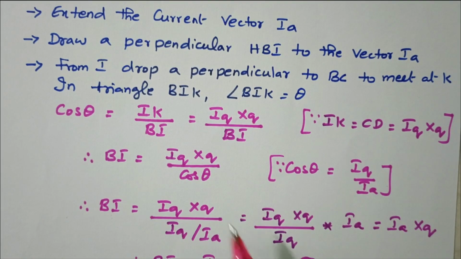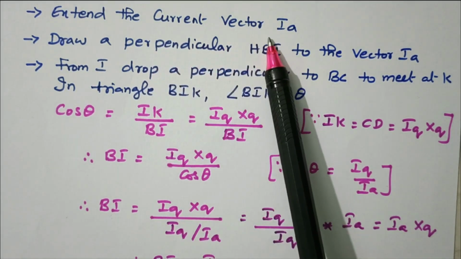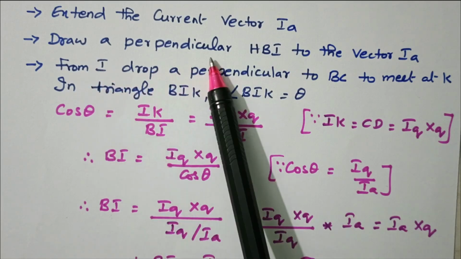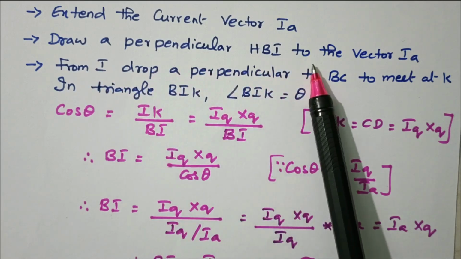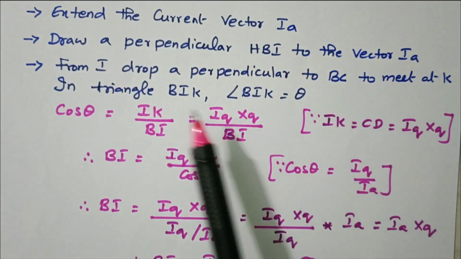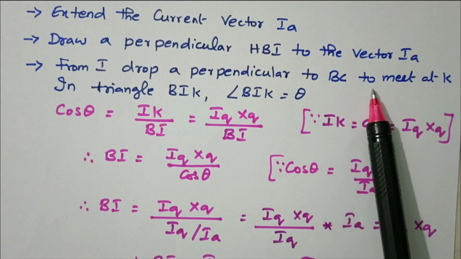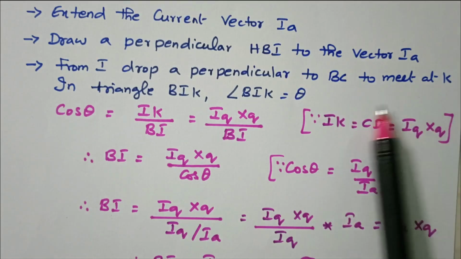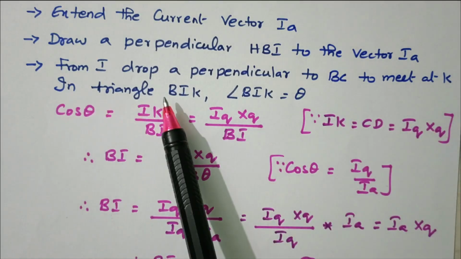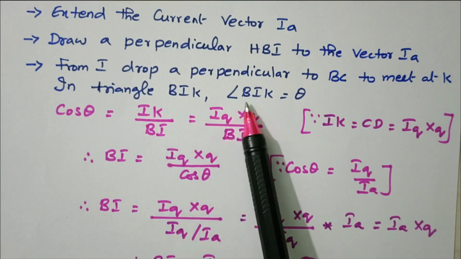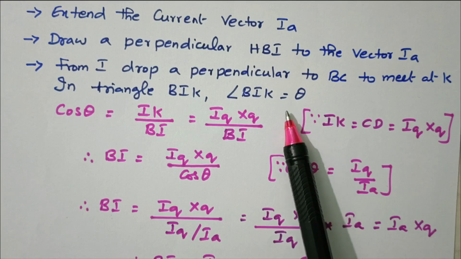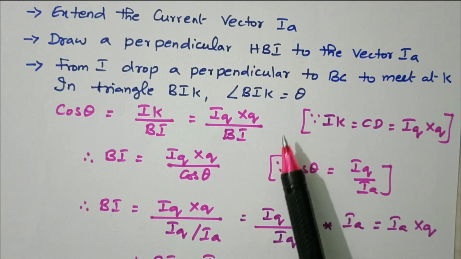Now extend the current vector IA. Draw a perpendicular HBI to the vector IA. From I, drop a perpendicular to BC to meet at K. In triangle BIK, the angle BIK is theta, as we already discussed in the diagram.